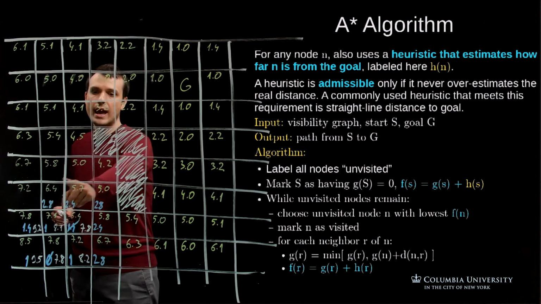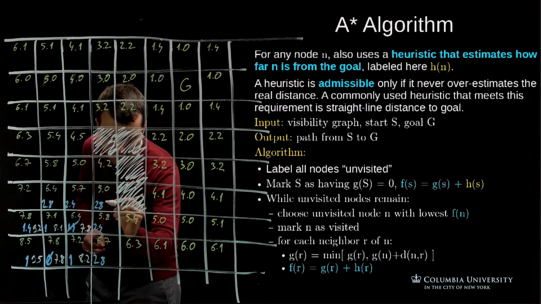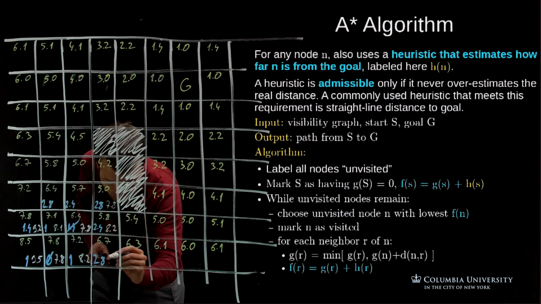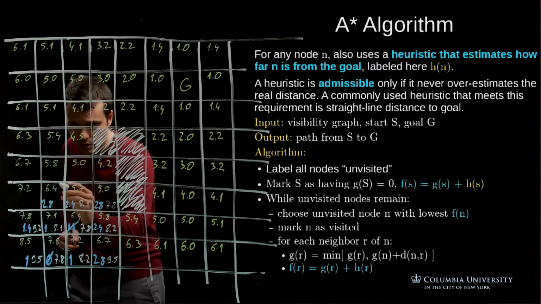And then I'm going to add these two numbers up in each of these cells. So 7.8, 8.2, this is going to be 9.5, this is going to be 8.1, and 9.2.